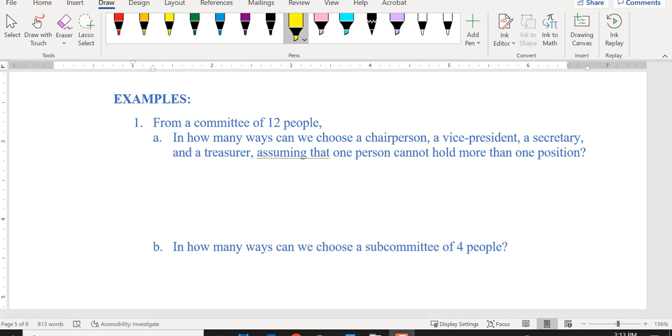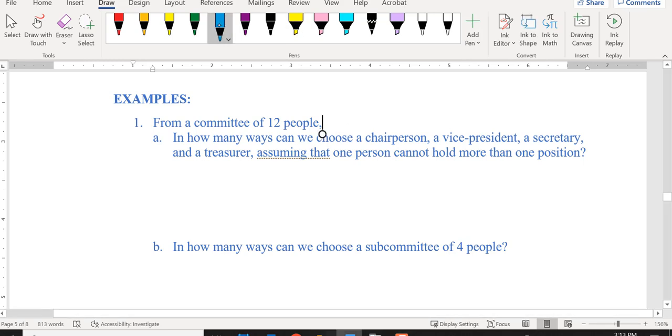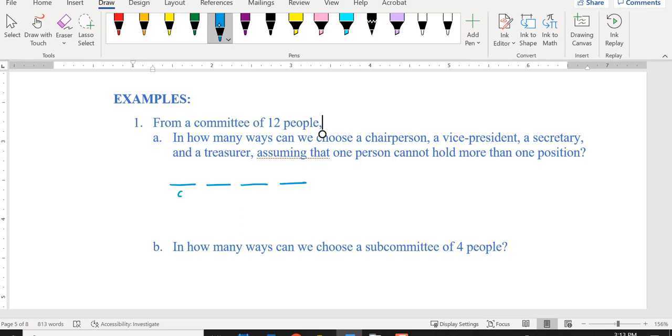Do you see that those have labels? Those have labels, so order will matter. And we have 12 people to choose from.